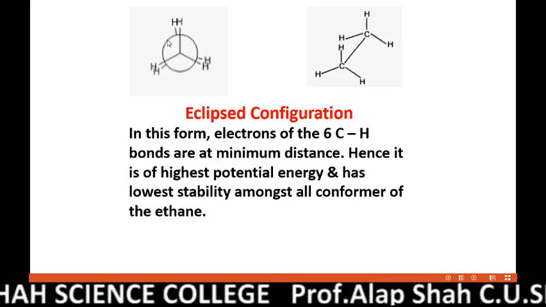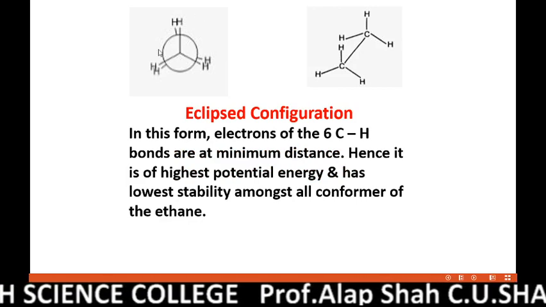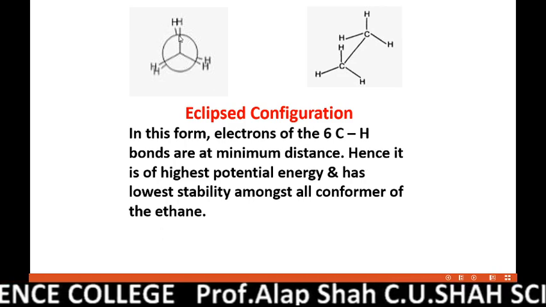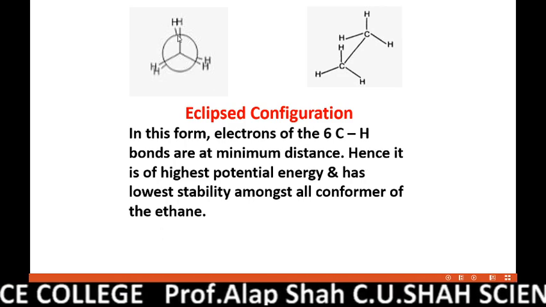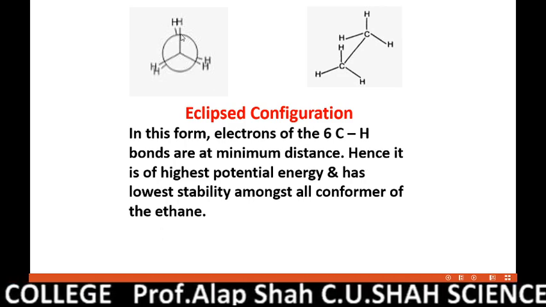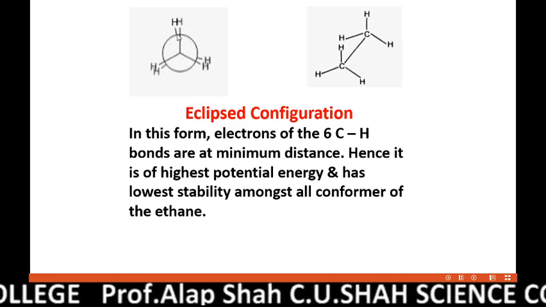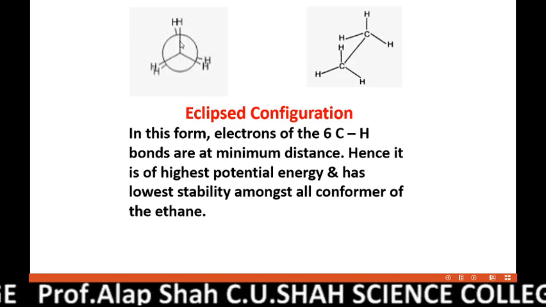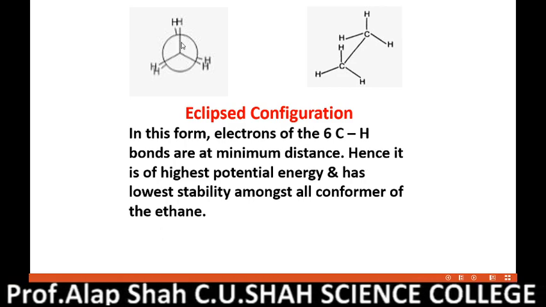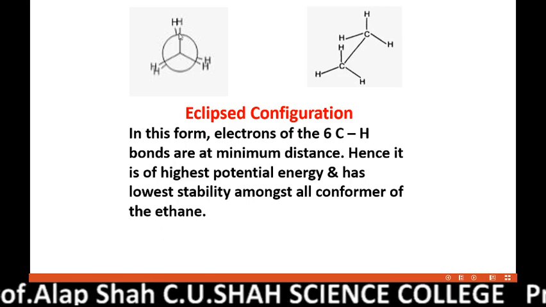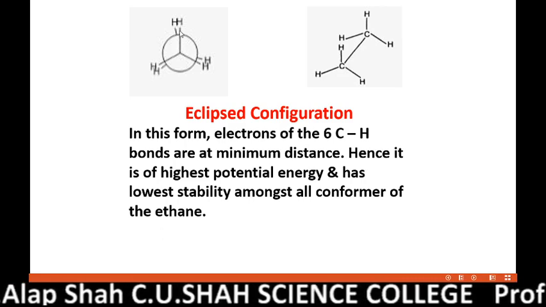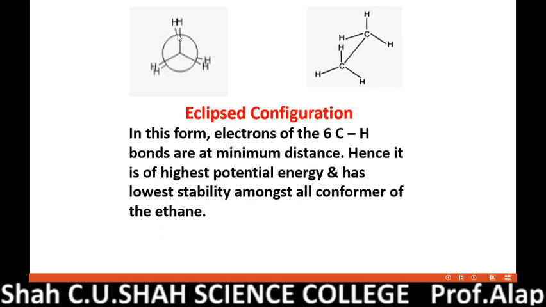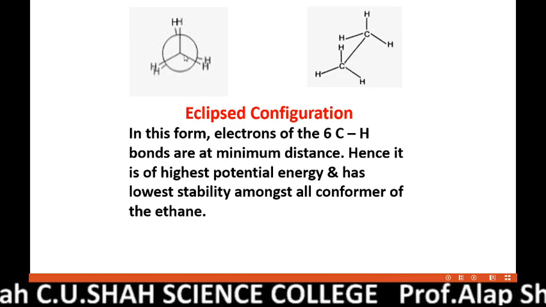So it is 0. But carefully observe that whenever we draw the eclipse conformer, bonds attached to the rear carbon are drawn at a slight distance from the bonds attached to the front carbon. But you should clearly understand that it is exactly behind this bond. But if we draw exactly behind, then we cannot see it. That's why it is written as shown in this figure.